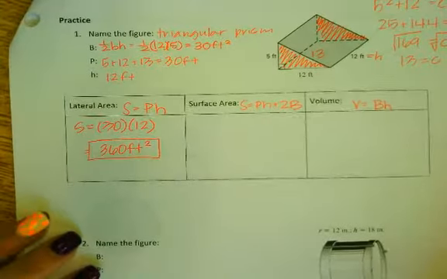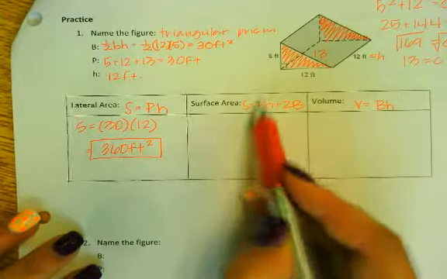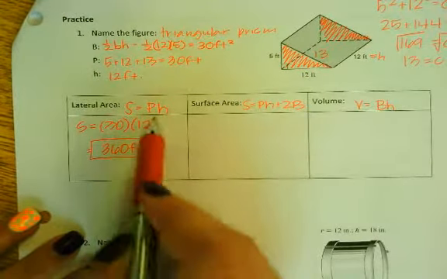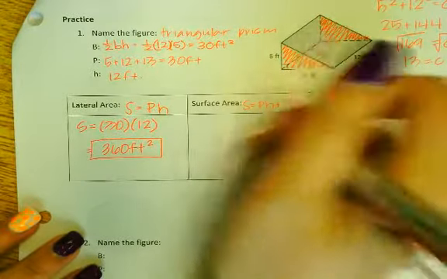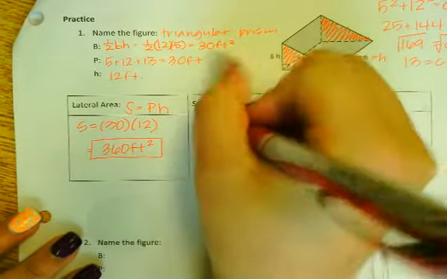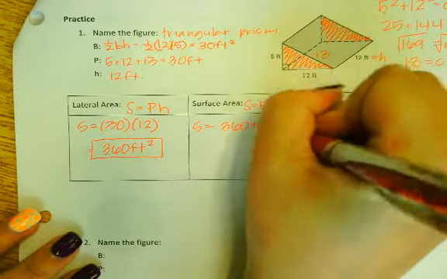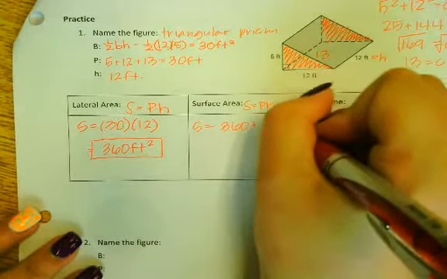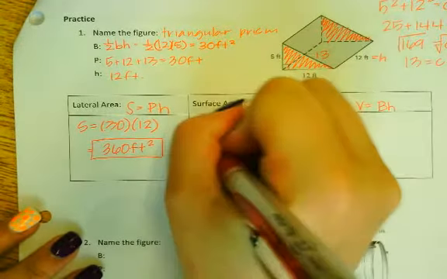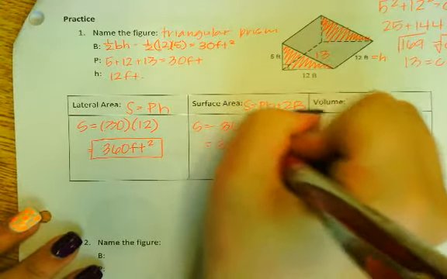Okay, we already found PH because that's what lateral area is. So I can just substitute in 360 for PH. Now we need to add 2 times the area of our base, which was 30. So I have 360 plus 60.